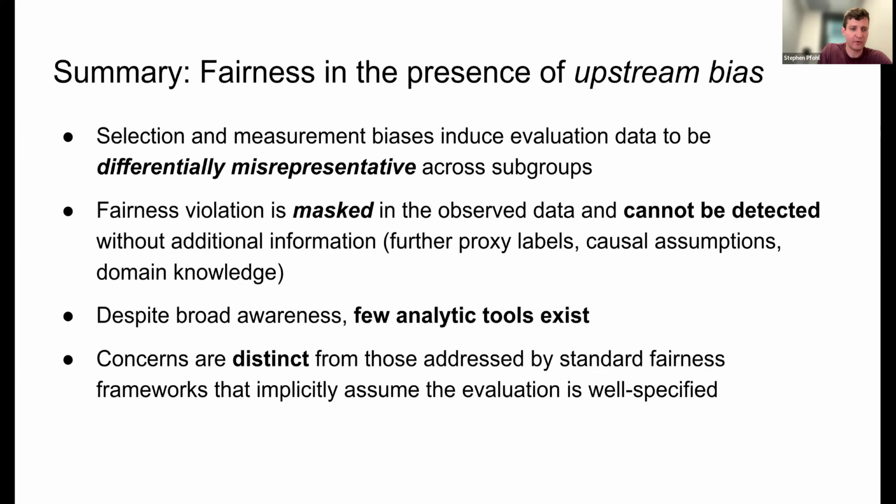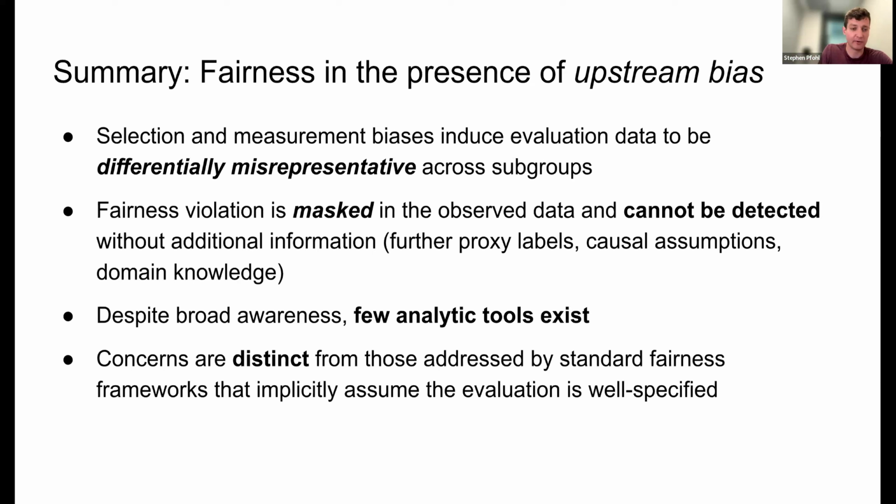To summarize a few key points, in general, we can think of these biases as inducing evaluation data to be differentially misrepresentative across subgroups. And one way to think about this is, if you applied the type of fairness analysis I've described thus far to this data, and you fit the data well, you would end up in a setting where there is a fairness violation in the unobserved target population, and you can't detect it without additional information.